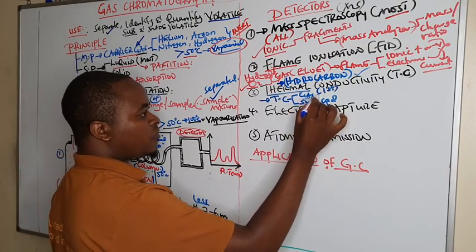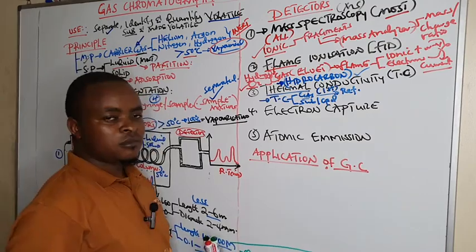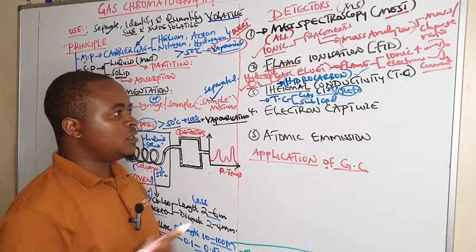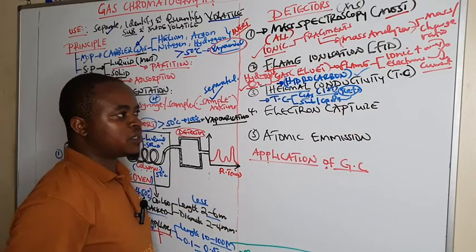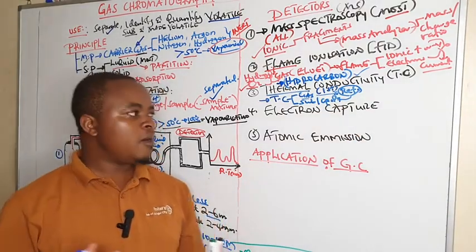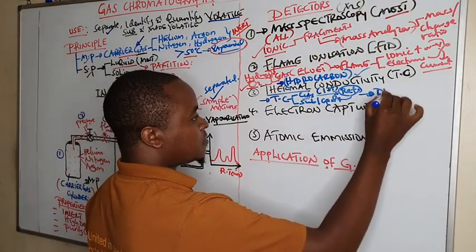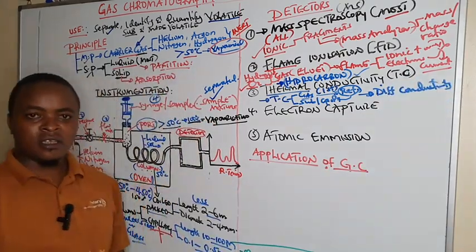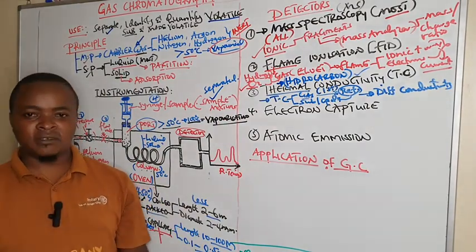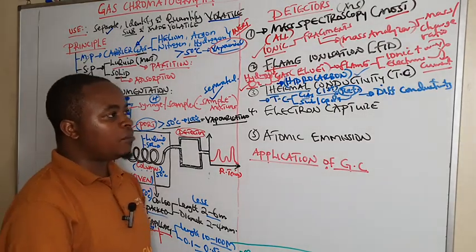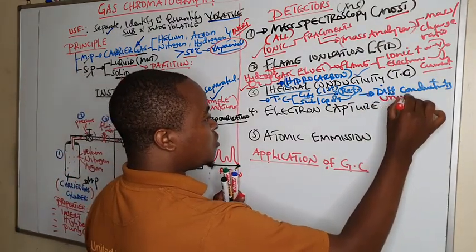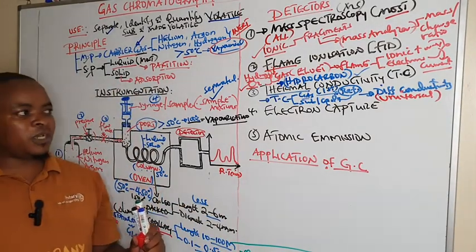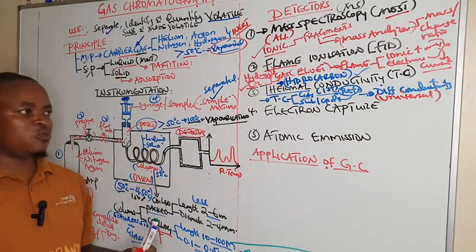The conductivity of the gas is used as a reference, so that when we know the graph of the reference gas, we can compare it with the one produced by the substance, and we are able to quantify by looking at their difference in conductivity. That is thermal conductivity. And this one is universal. It can be used for all types of compounds we want to separate. That is thermal conductivity, the first one to be used.